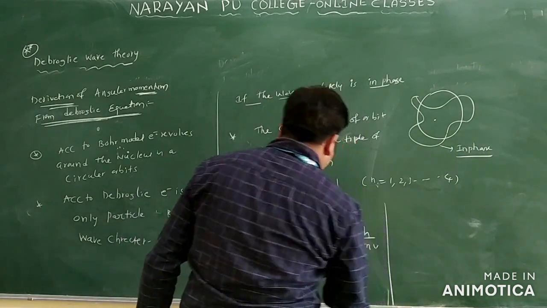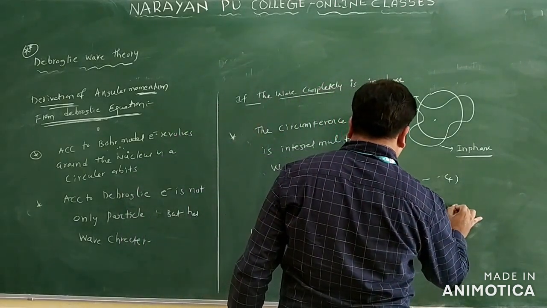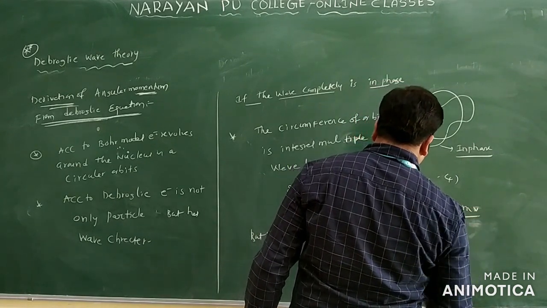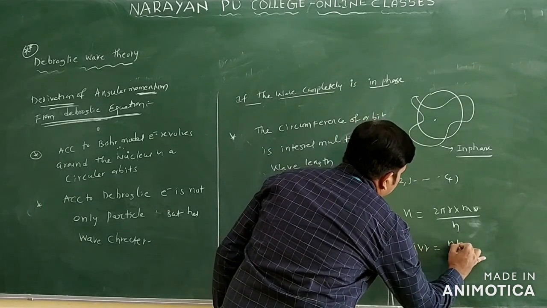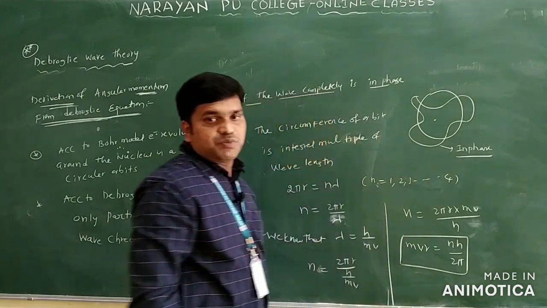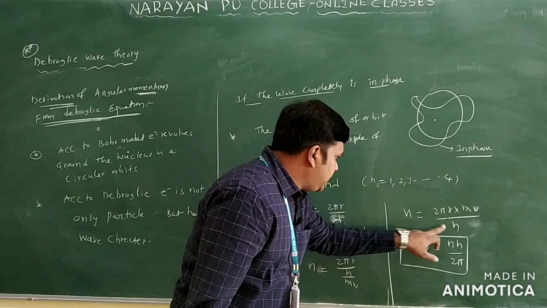From this, n is equal to 2 pi r into m into v by h. So from this I am writing mvr is equal to nh by 2 pi. This is the angular momentum. So mvr is equal to n into h by 2 pi.